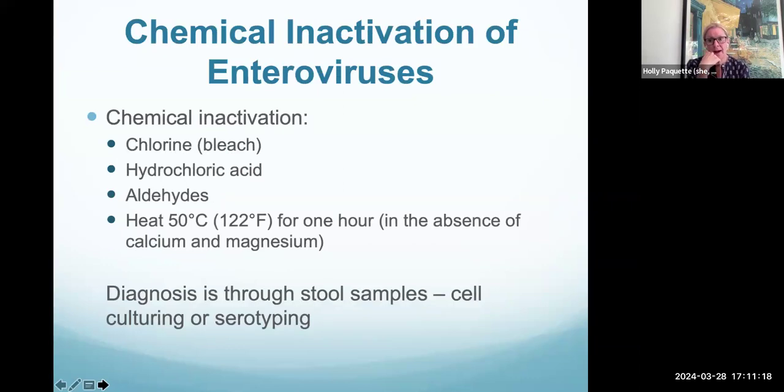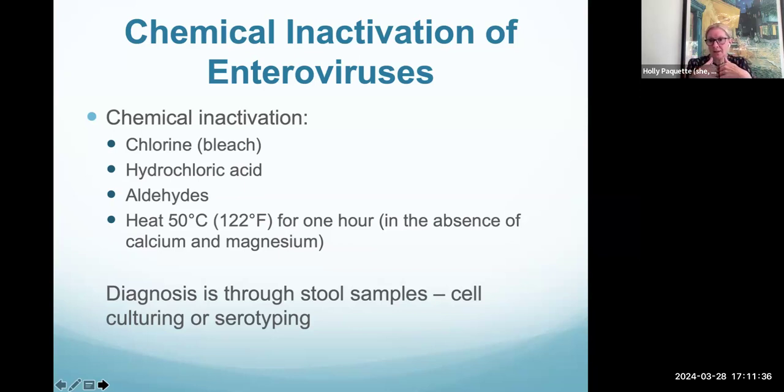So how do we inactivate them? What are the ways that we can actually deal with them? One of the ways is through chlorine or bleach. And that's a big one when I said that this often was spread through swimming pools. Adding chlorine and having higher levels of chlorine can inactivate it. Hydrochloric acid.